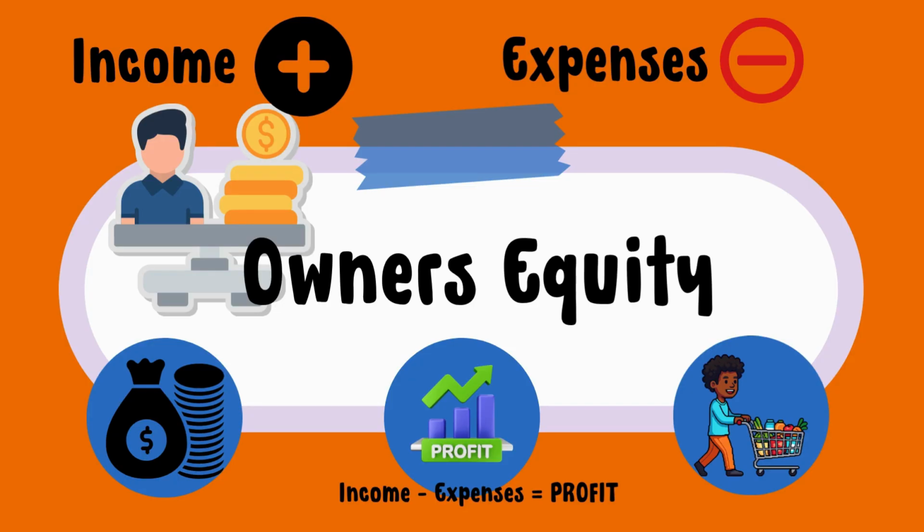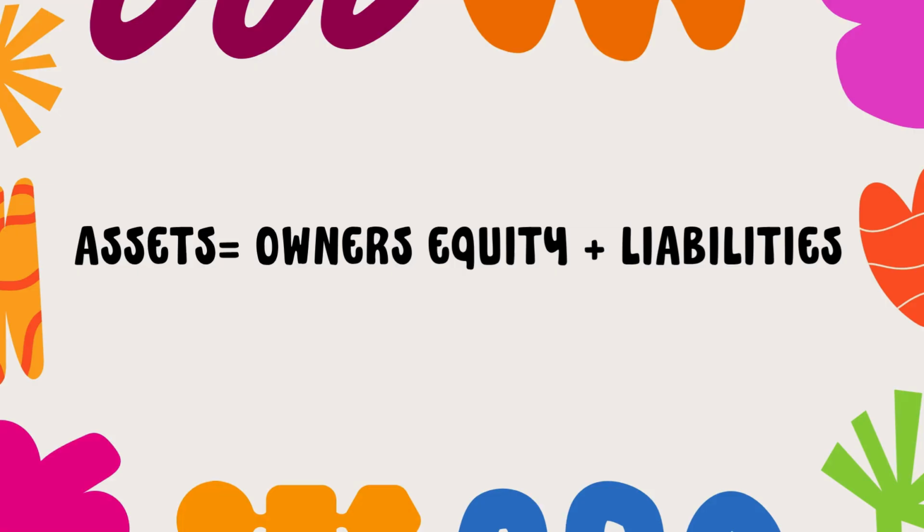So, capital increases owner's equity. Profit increases owner's equity. Drawings decreases owner's equity. Income, money coming in, increases, and expenses, all the things that you're paying every month, decreases. You need to know this formulation. So it's assets is equal to owner's equity plus liabilities.